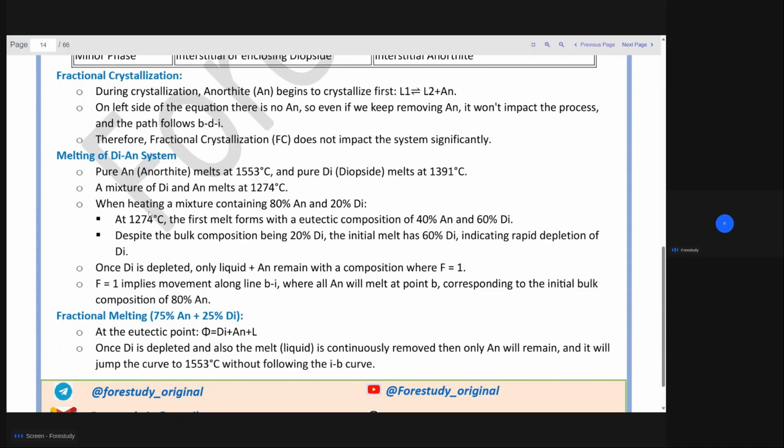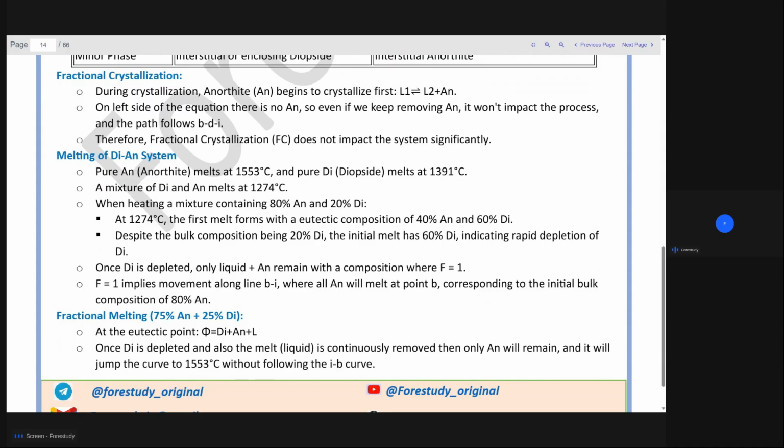When heating a mixture, we are now doing melting. We are doing the opposite: we are now melting the diopside and anorthite system. Let's say we are taking a rock of composition 80% anorthite and 20% diopside.